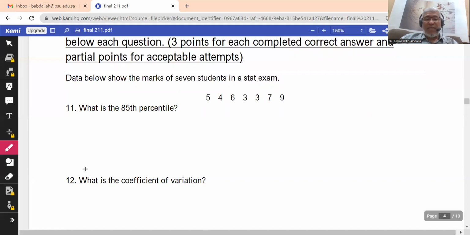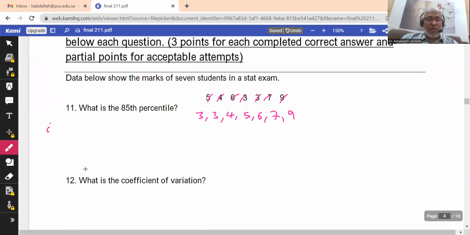Well, to find the 85th percentile, I need first to arrange the numbers. So 3, 3, then 4, then 5, then 6, 7, and then 9. And to find the 85th percentile, I need to find its position.